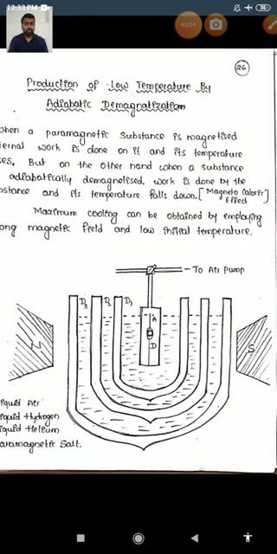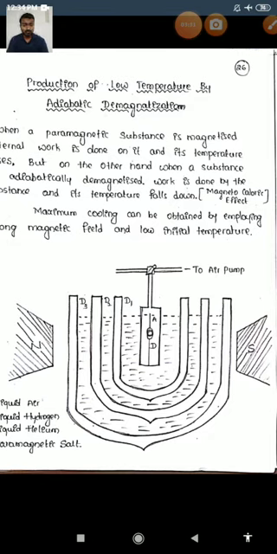Because of the liquid hydrogen and liquid helium around it, the temperature is kept constant at a low value. After some time, the paramagnetic substance decreases its temperature because of the liquid air, liquid helium and liquid hydrogen surrounding it.